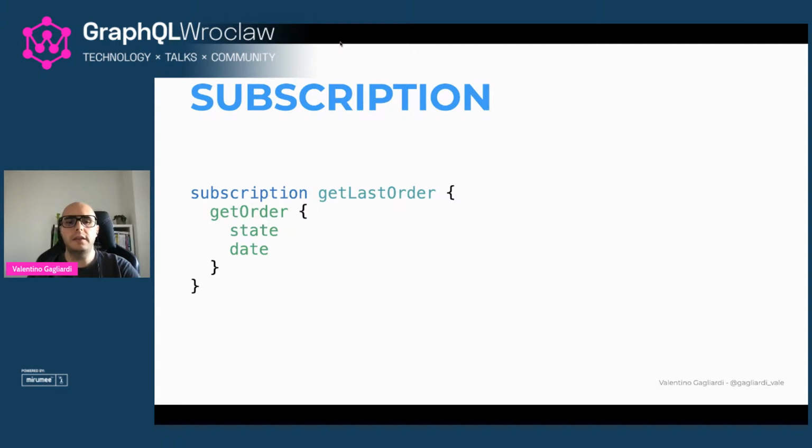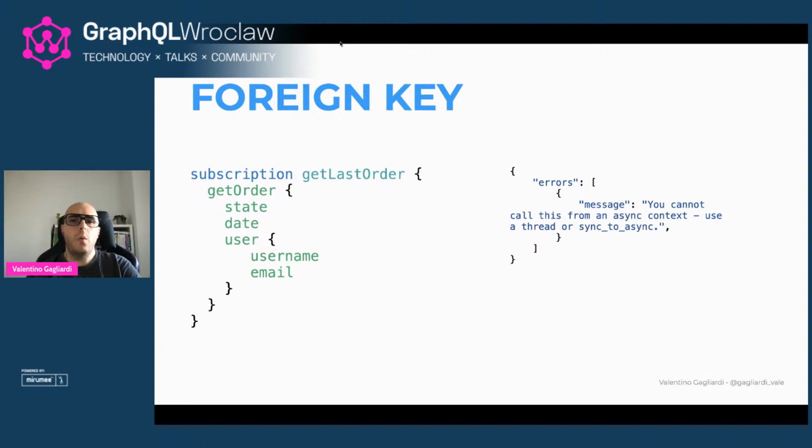Now, things look simple if we fetch just the outer layer of the fields of this model. What happens if we want to fetch also the user which is connected to this order? And we have a foreign key relationship here.